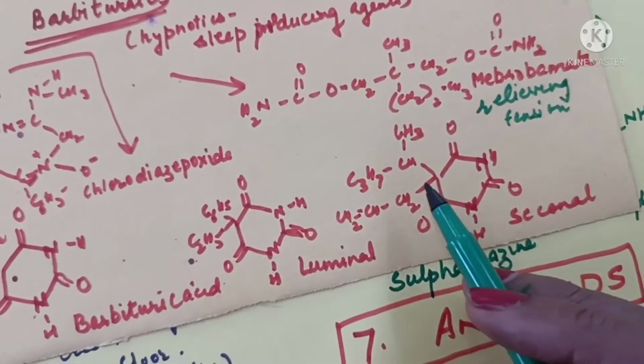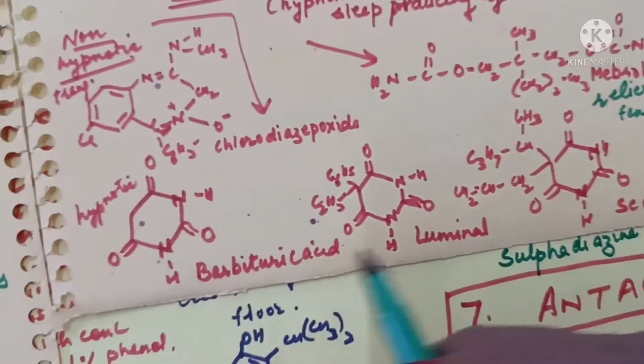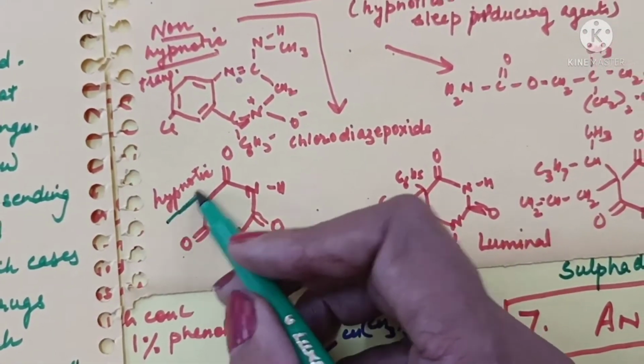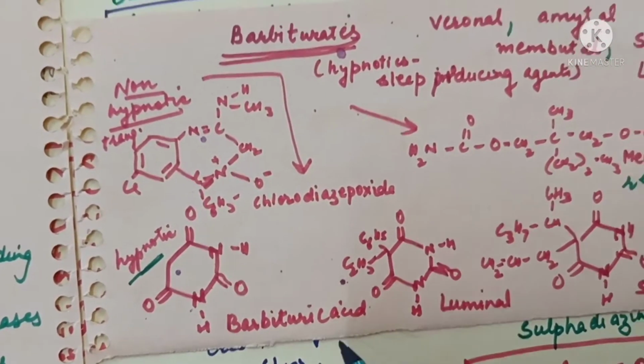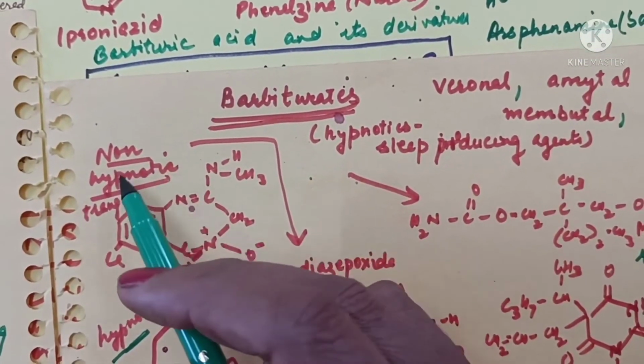If we have 2-pentyl and propenyl group, then it is called seconal. These are hypnotics, that is sleep-inducing tranquilizers. There are certain tranquilizers which are not sleep-inducing.